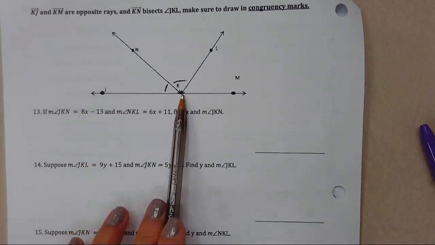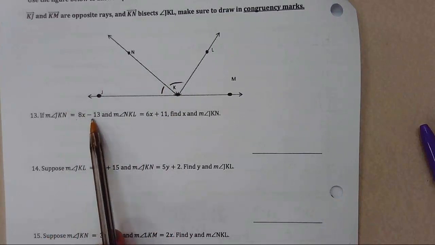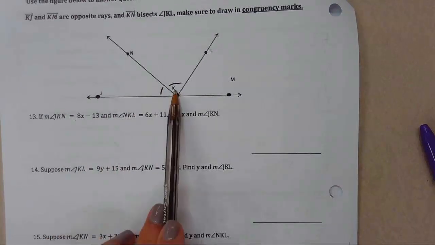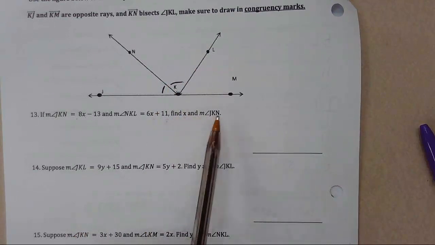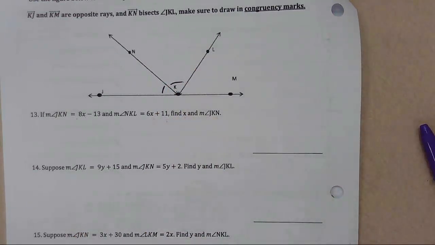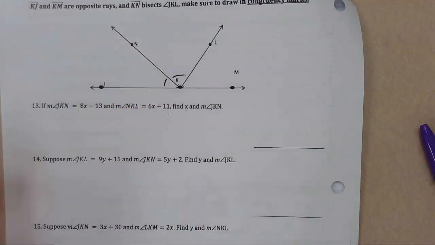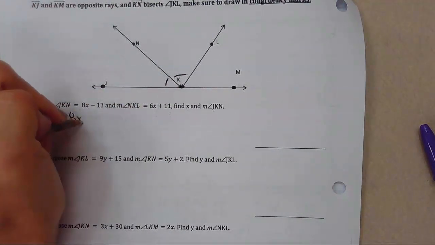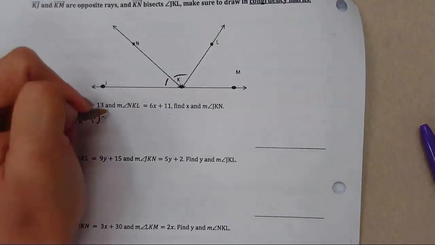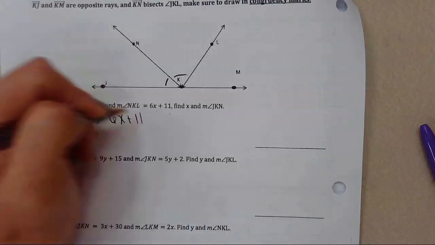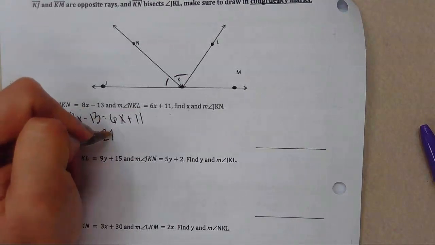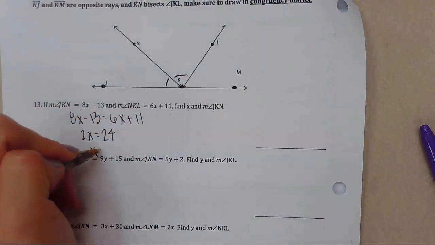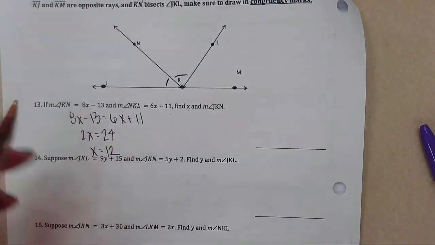If JKN, this angle right here, equals 8x minus 13, and NKL equals 6x plus 11, find x and the measure of angle JKN. Well, we know that these are congruent, so we're going to set them equal. 8x minus 13 equals 6x plus 11. I'm going to get 2x equals 24, and x equals 12.